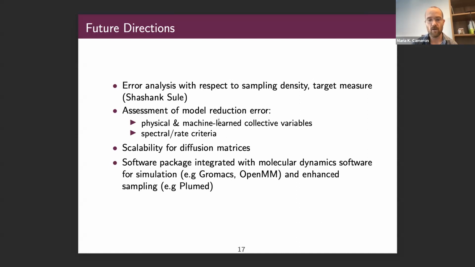We've used physically learned collective variables in this study, but we could use machine learned collective variables coming from some sort of neural network or autoencoder for representation learning to apply this and then look at how well it's reproducing rates of the original system, and also scalability for computing these M matrices in higher dimensions and for software packages.